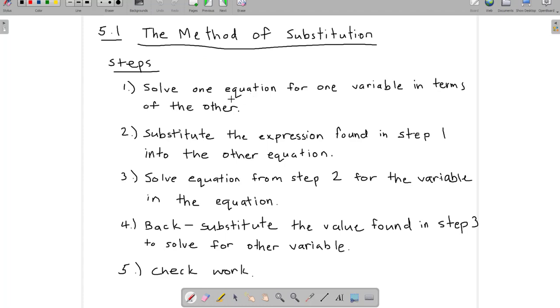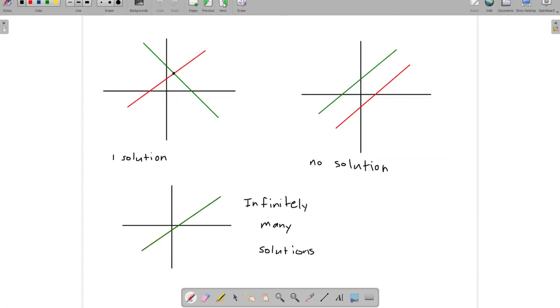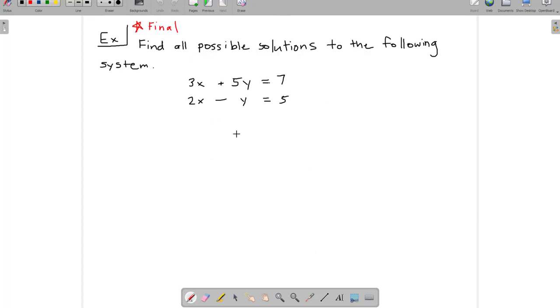We're first going to want to solve one equation for one variable in terms of the other one. Looking at this, you will tend to want to choose the equation that has a coefficient of 1, if you can find one. Here we have a -1 technically for our coefficient on y, but it should be easier to solve for because I won't be dividing by anything.